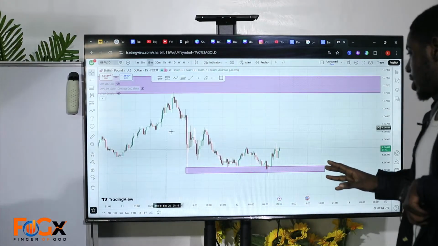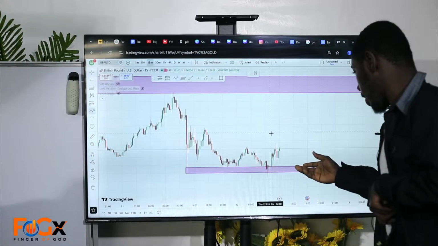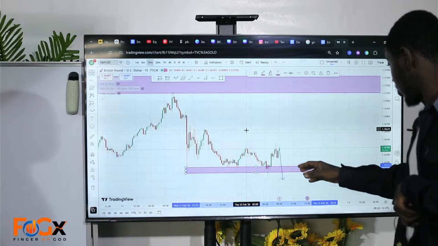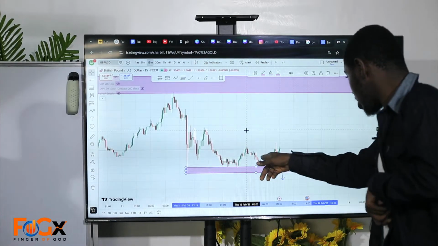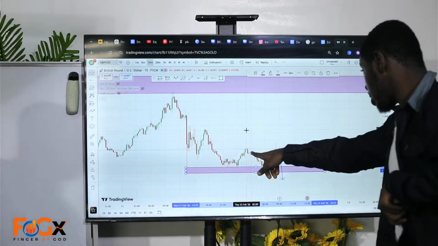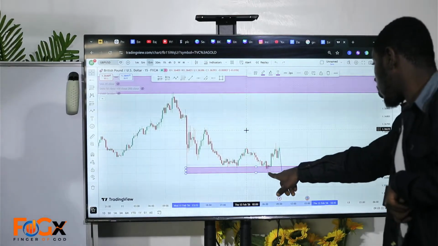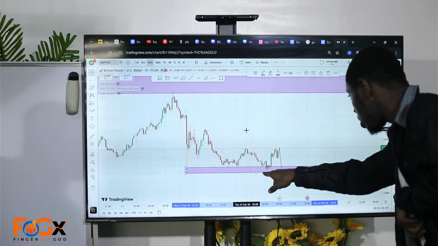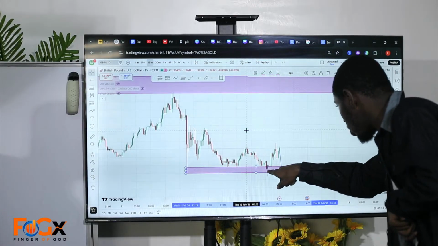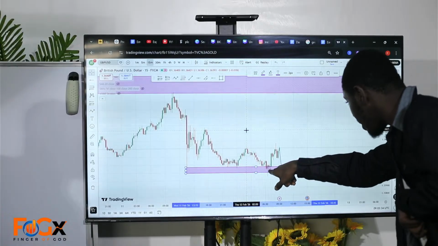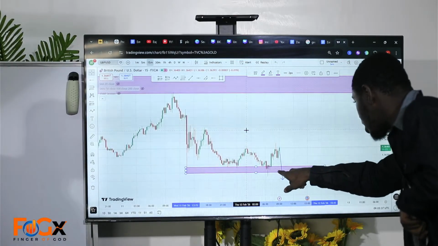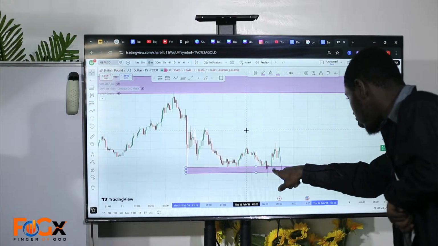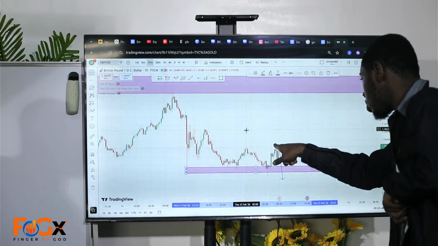But if I'm thinking of a buying trade, since this high has been taken out, I will wait for price to get to this area and see how price reacts, so that I will buy from this place to this place or here.